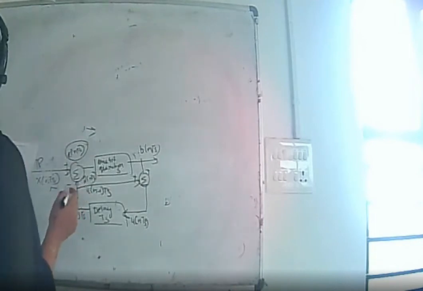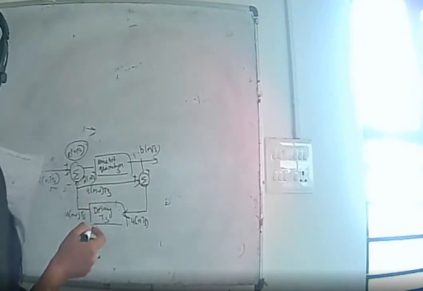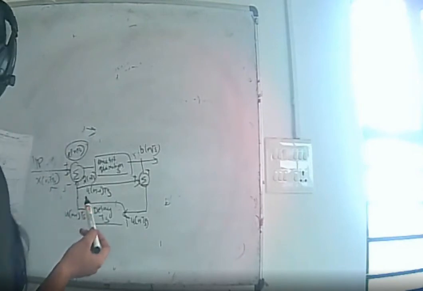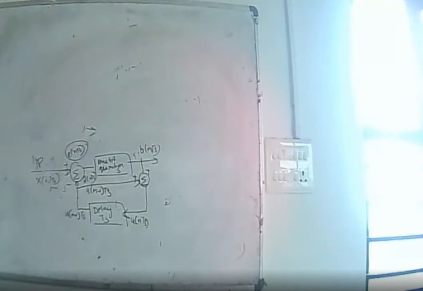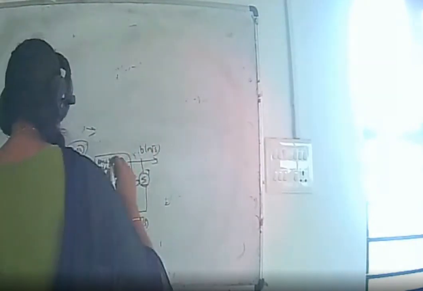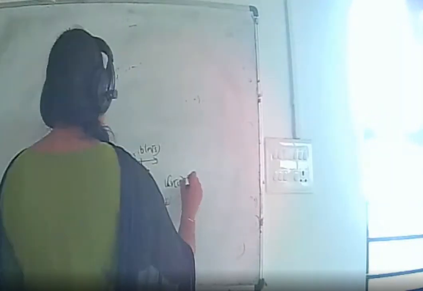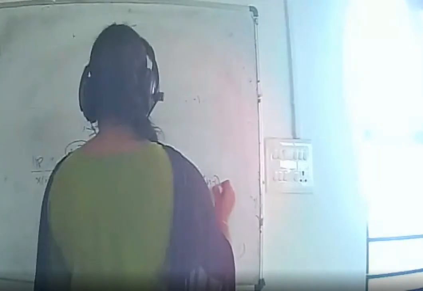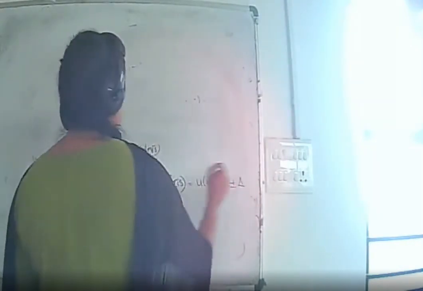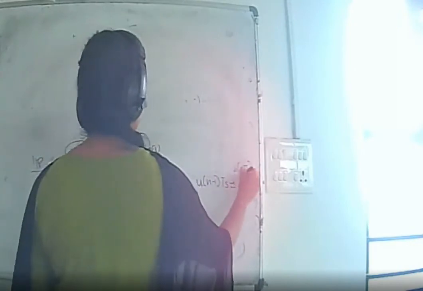Here there is a summer, an accumulator, which adds the quantized output, plus or minus, to the previous sample. That is u of (n minus 1) Ts plus or minus delta value. b of nTs can take either plus or minus delta.